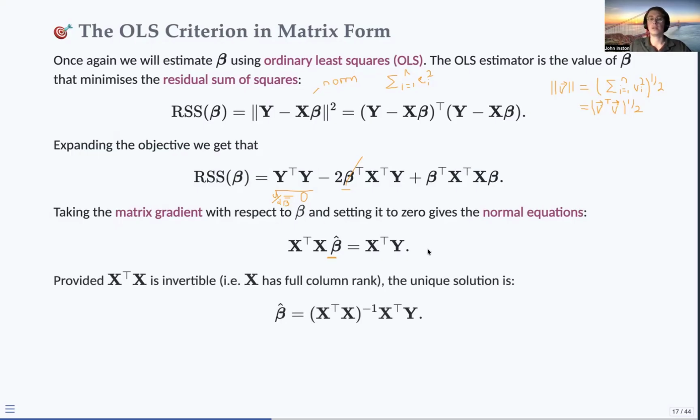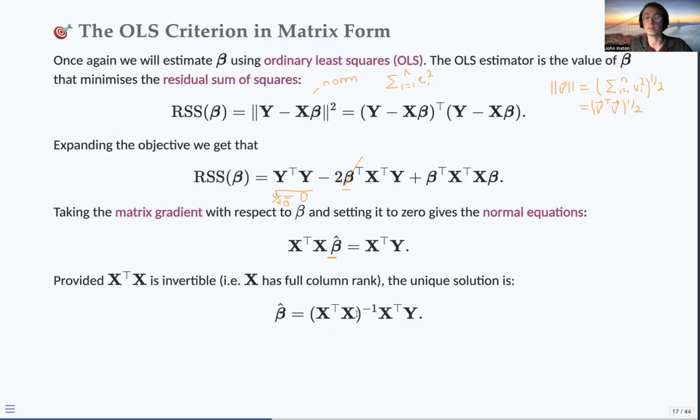And then, provided that x transpose x is invertible, which is where this requirement that x has full column rank from an earlier slide comes in, we can multiply both sides by the inverse of x transpose x. That cancels on this side, so the x transpose x goes away, and it appears over here as the inverse.